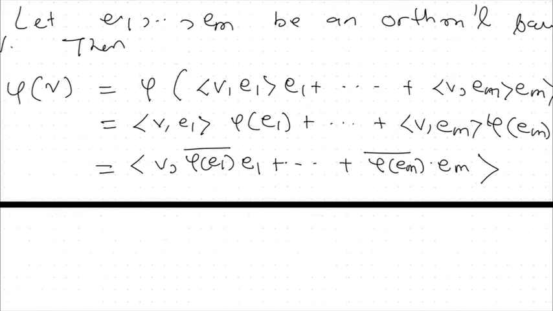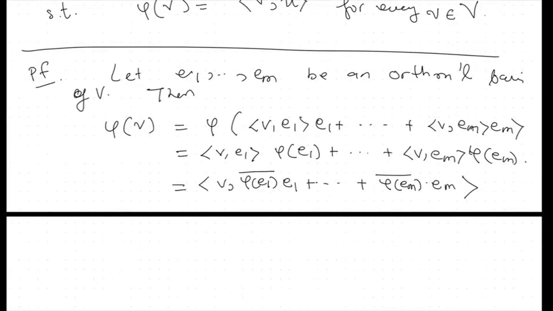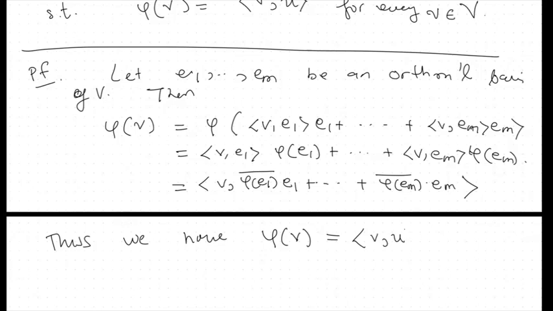Because of that, we have your linear functional applied to V is equal to the inner product of V and U for every V in the vector space V, where our U is just this expression.